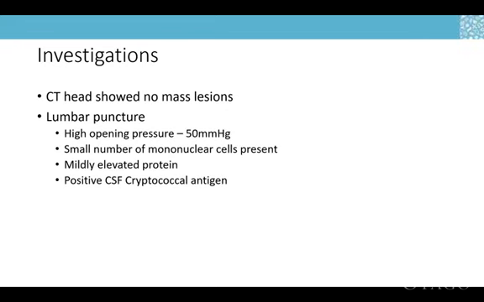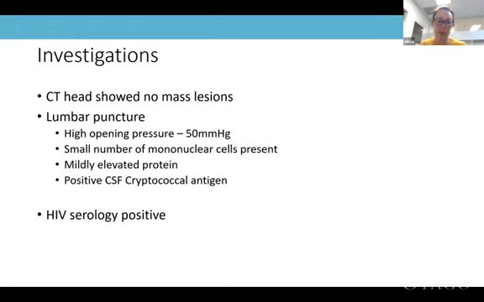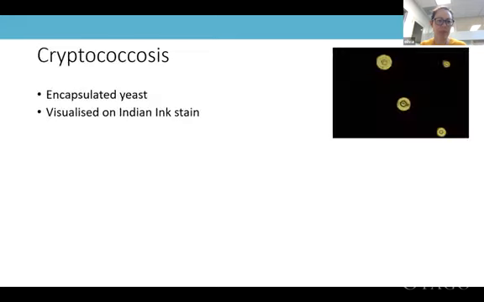HIV. Yeah, test for HIV. Yeah, exactly. So cryptococcal meningitis is a classic presentation of someone with advanced HIV, and the story of recurrent infections, shingles, thrush that doesn't seem to be able to get on top of with topical therapy, all suggestions that this person might have HIV.